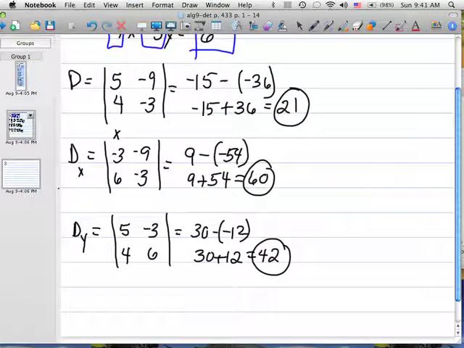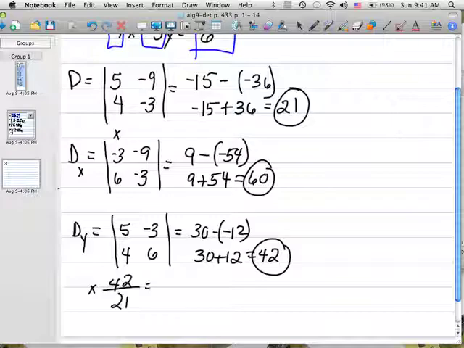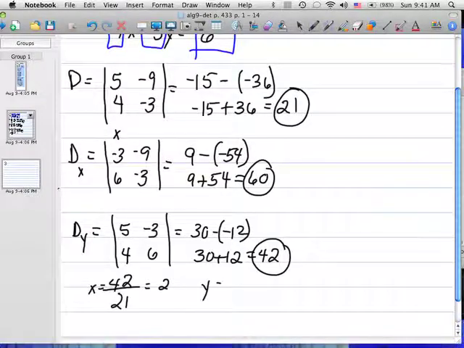Take the x determinant, divide it by the determinant for the coefficients, 21, and we get that x is 2. The y value is to take 42 and divide it by 21.